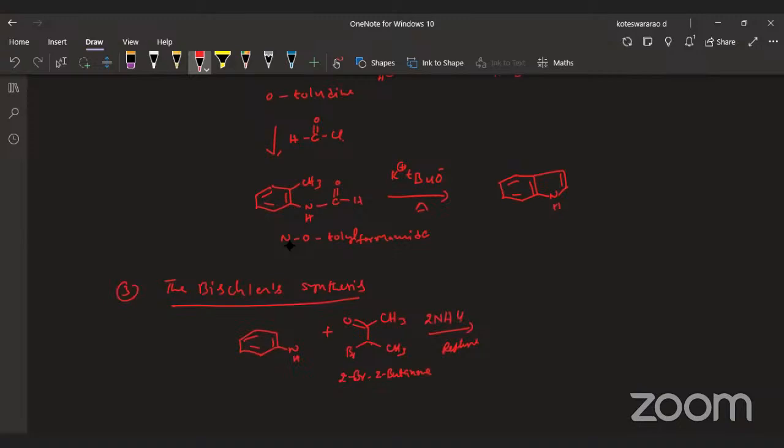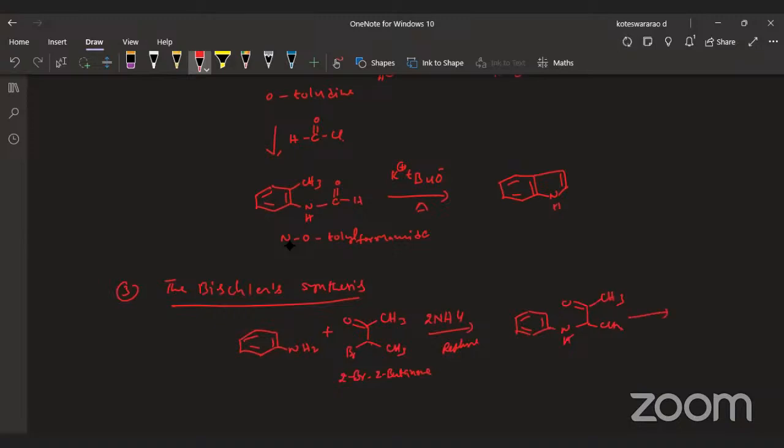First, it is undergoing the formation of the intermediate, where bromine is substituted, NH2 actually, then NH. This kind of intermediate will be generated.